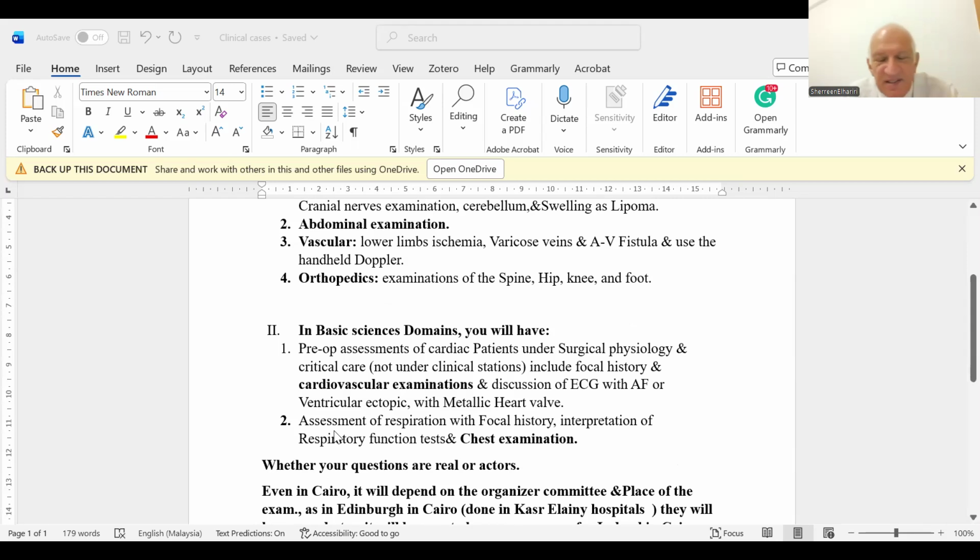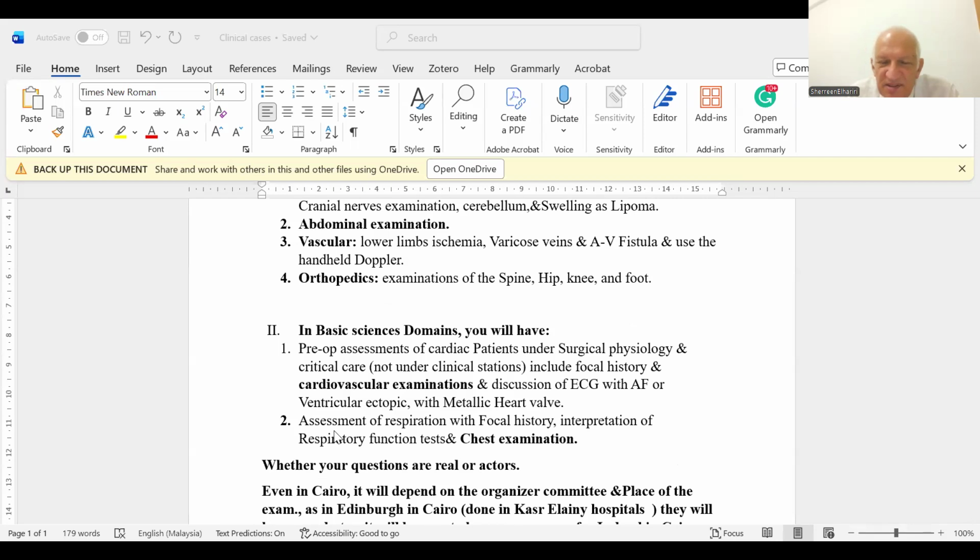If it comes in an exam, it is part of the pre or post-operative assessment of the patient, and it is under applied surgical science, which is included under surgical physiology or critical care. And this situation is not an examination station. So you need to take a quick history about the respiratory system.